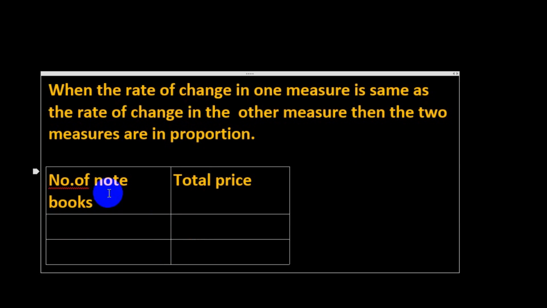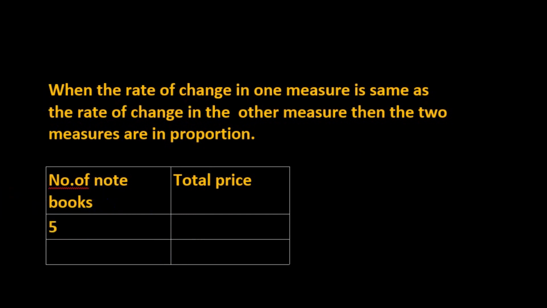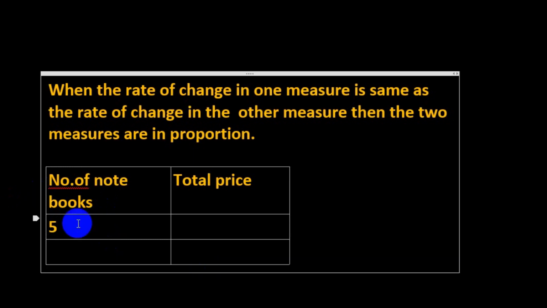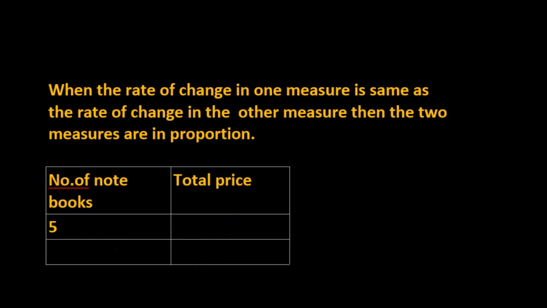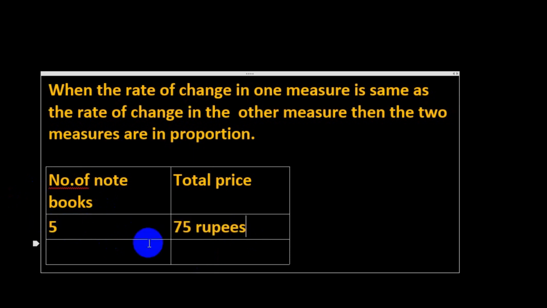If 5 notebooks are purchased, we know for one notebook it is 15, therefore 5 notebooks will be 5 times 15, which is 75 rupees. Instead of 5, if we purchase 8 notebooks, the total price will be 8 times 15, which we know is 120 rupees.